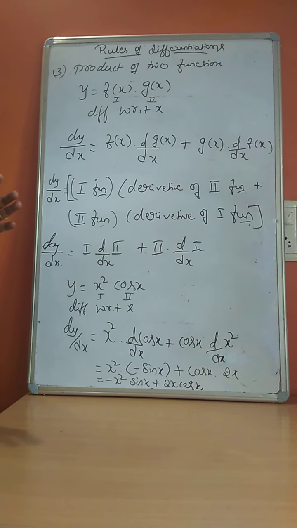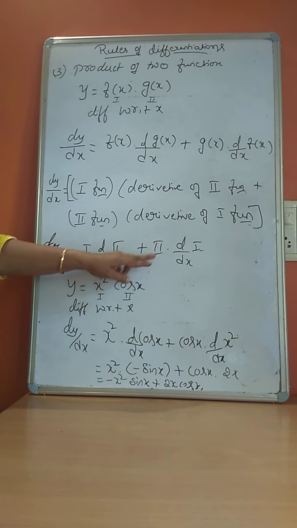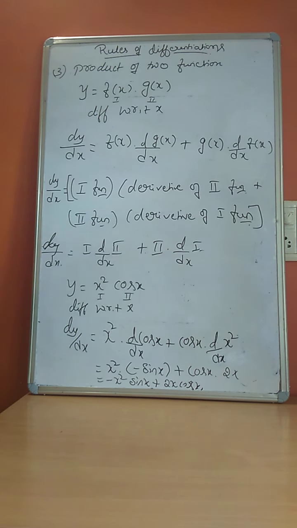Do you understand how to differentiate if the product of two functions is given? That is first function into differentiation of second function plus second function into differentiation of first function. For example, y equals x square cos x. Choice is yours. I will take x square as the first function, cos x as the second function.